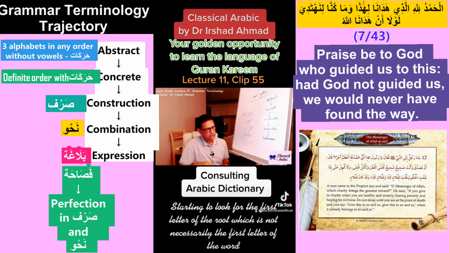For example, if we have the word Muslim and we want to check in the dictionary, we will not find this under meem, because this meem doesn't make part of the root, and the root is seen lam meem. So we have to start with seen, then see where lam is, go to lam, and then meem, and then we will get there and we will find this combination seen lam meem.